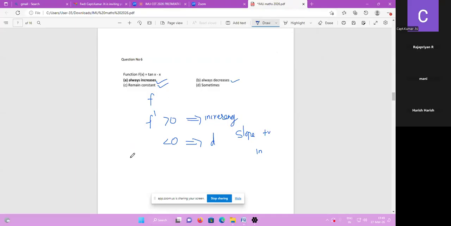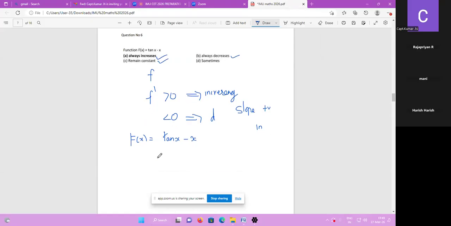Now here I have f of x equals tan x minus x. The derivative of tan x is secant square, and the derivative of x is 1. Now this is nothing but 1 by cos squared x minus 1.